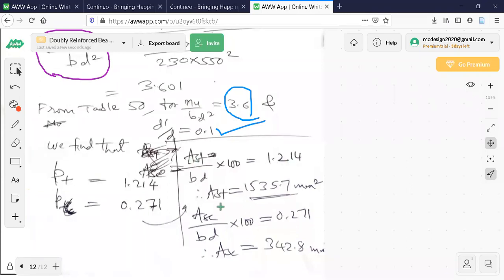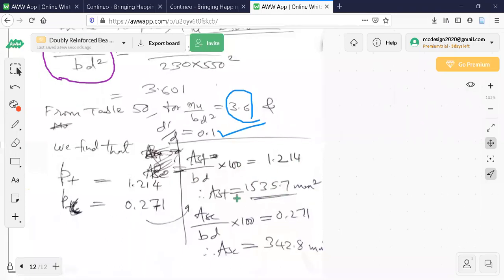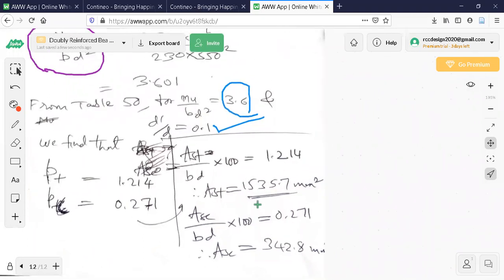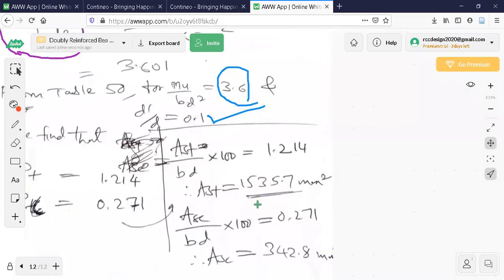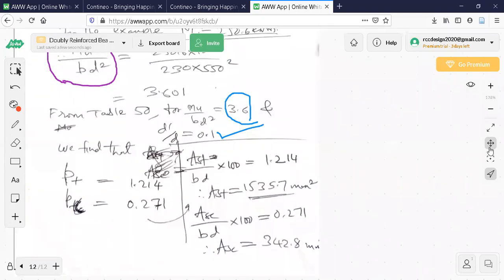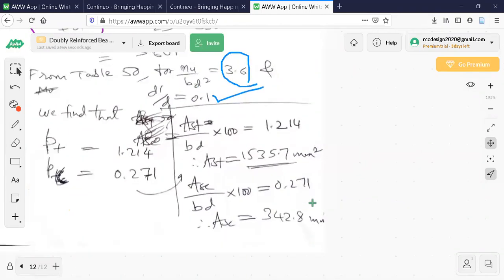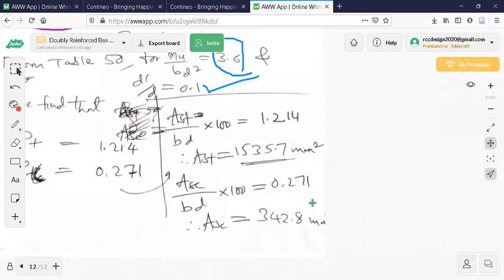Therefore, Ast is equal to 1.214 into b into d divided by 100, and you end up with 1535.7. I'll show you how much it was using the formula.